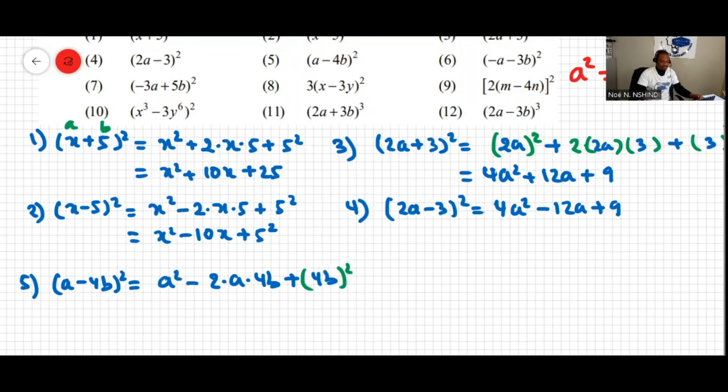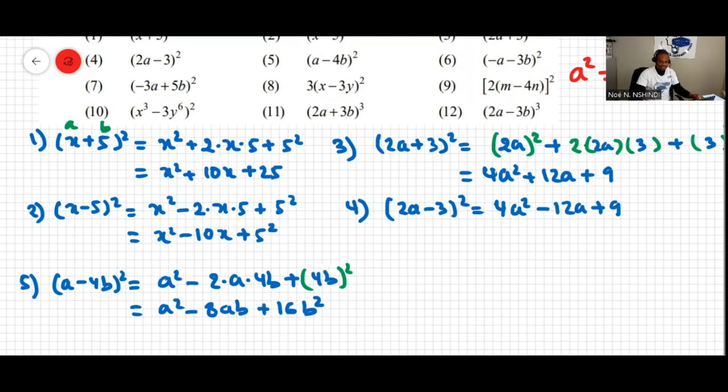And then this will be a squared minus 8ab plus 16b squared. The power of 2 is on the 4 and also on the b. So 4 to the power of 2 is 16, b to the power of 2 is b squared.